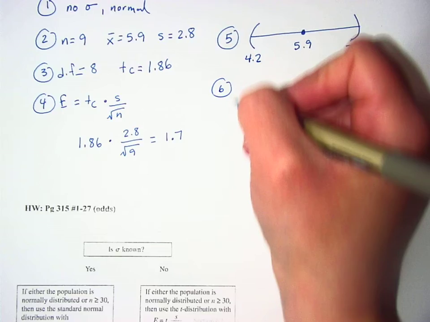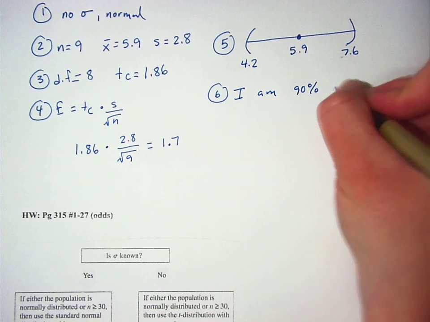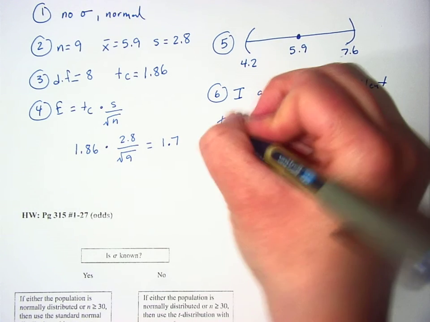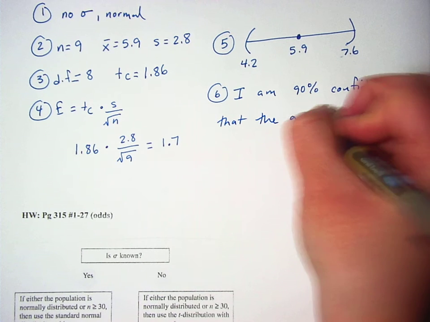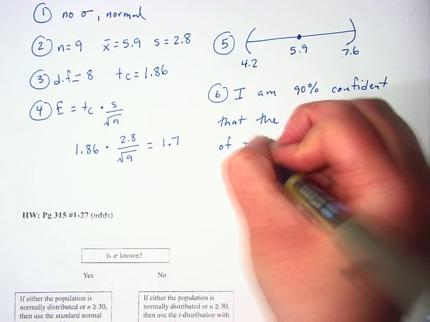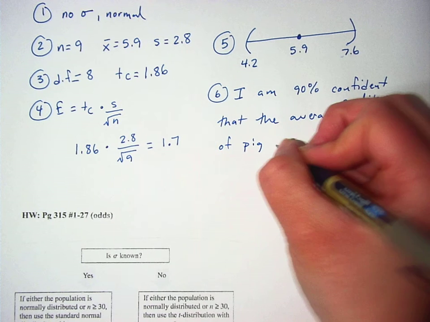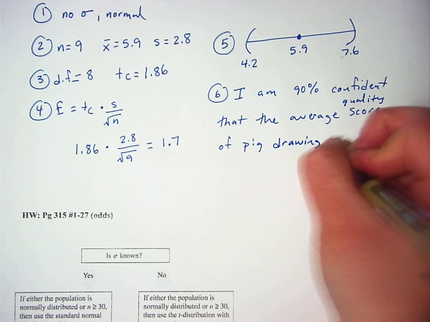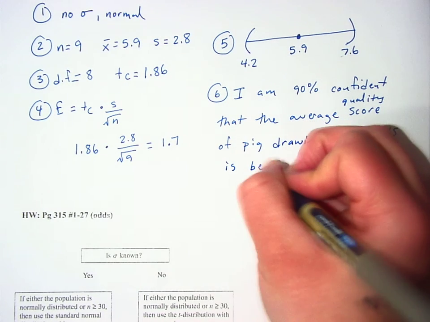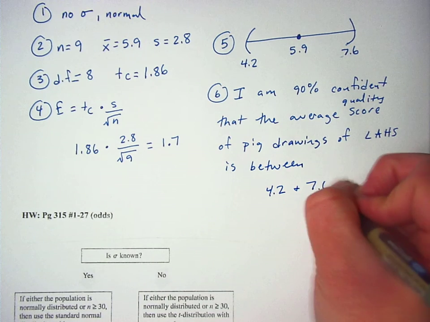Okay, 6, statement: I am 90% confident that the average quality score of pig drawings of LHS is between 4.2 and 7.6.